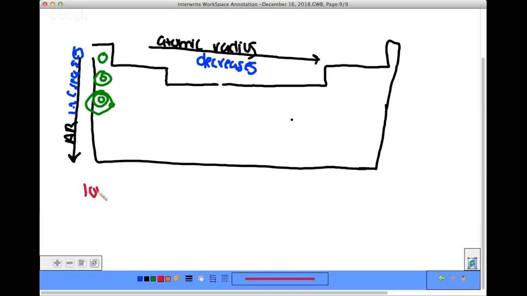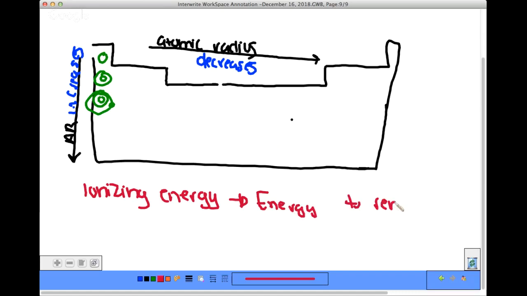We also talked about ionization energy. And this is the energy required to remove an electron. If that electron is really close to the nucleus, that means that it has a strong attraction to the nucleus. It's going to be harder to remove.